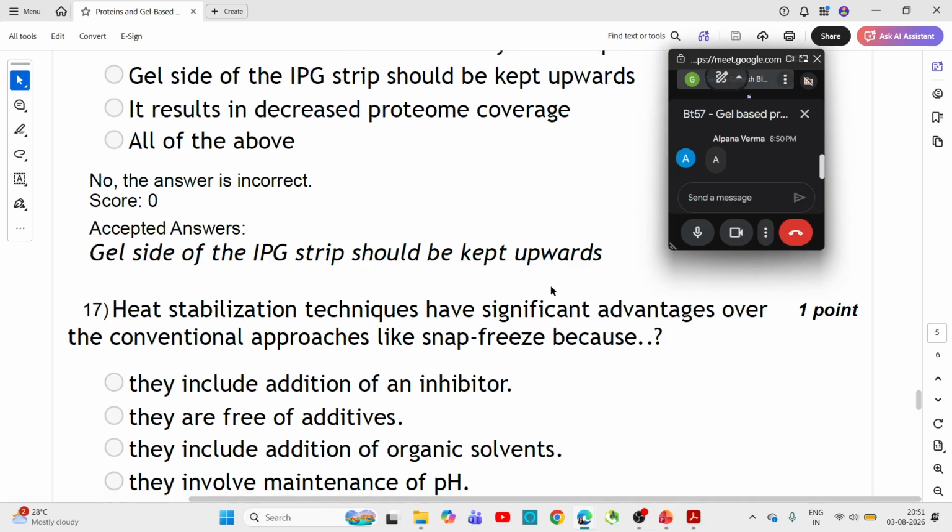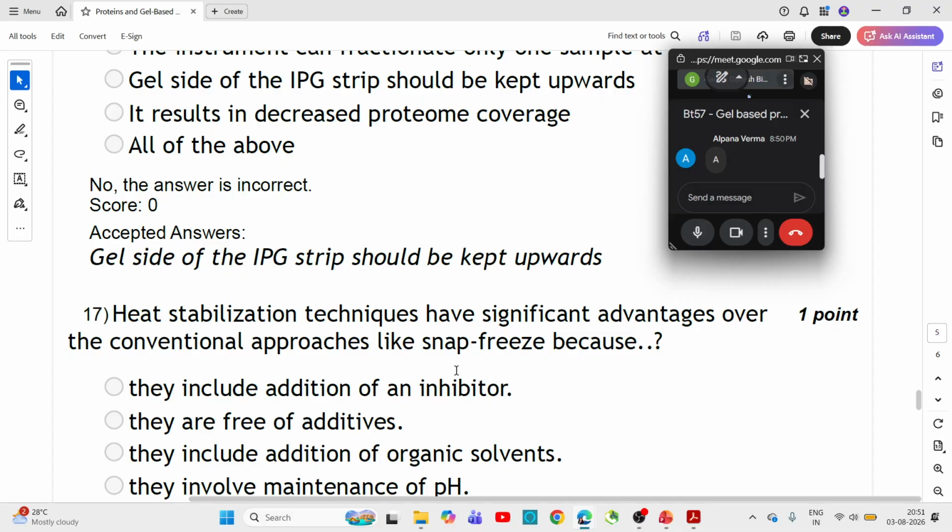Heat stabilization technique has significant advantage over the conventional approach like snap freeze because... So all these are lab session based questions.